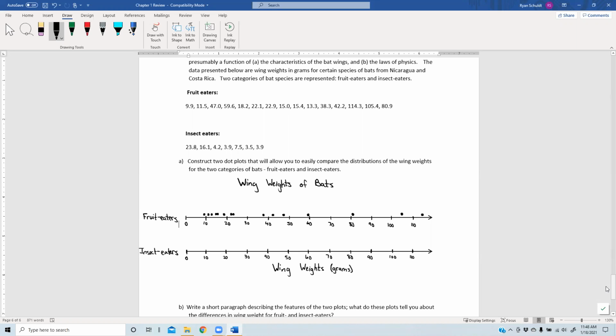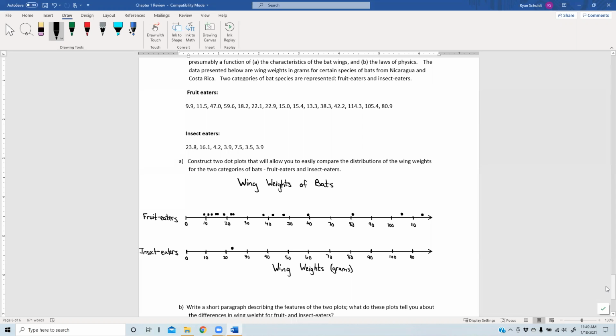Okay, so there's the fruit eaters. We've all plotted them. Now we need the insect eaters. So 23.8. 16.1. Actually, I don't like that.